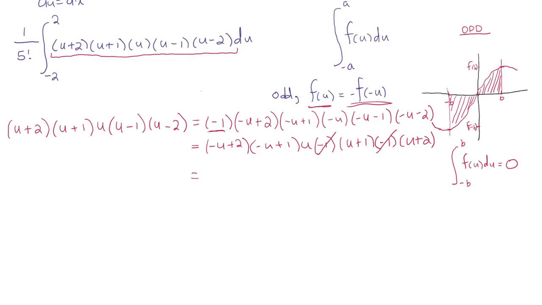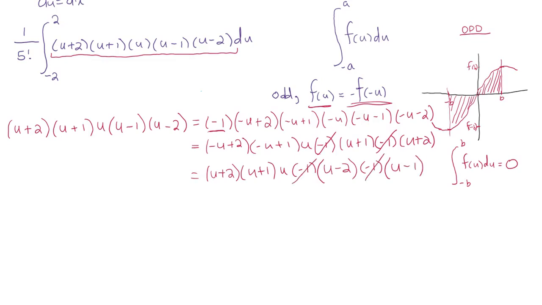So now I'll bring the last terms to the front, and we will get this times u. And now what happens if we pull a negative out of each one of these? We'll get a negative 1 times a u minus 2, and then a negative 1 times a u minus 1.